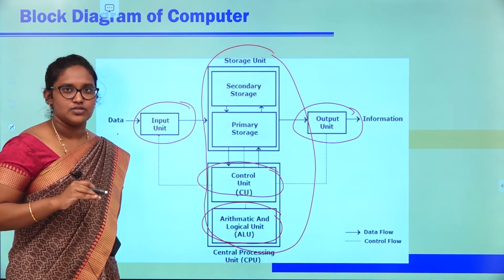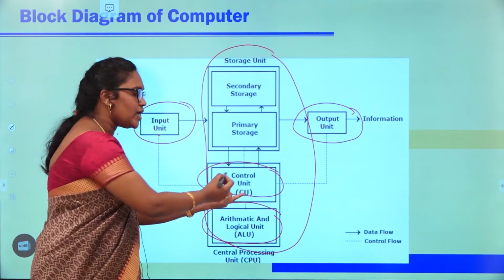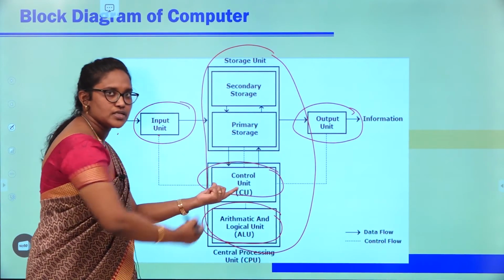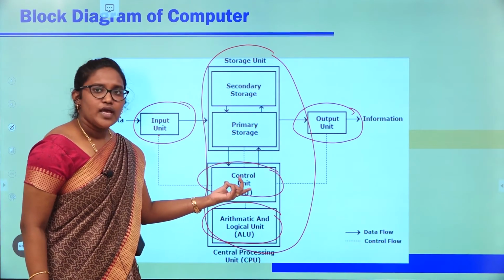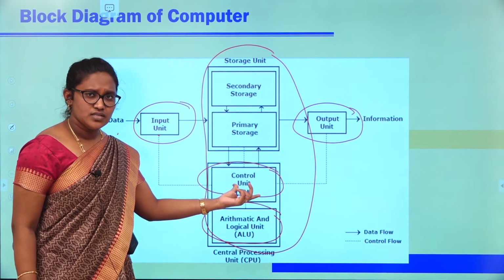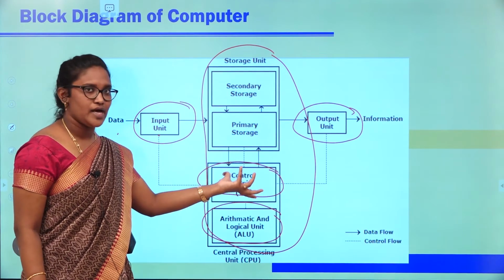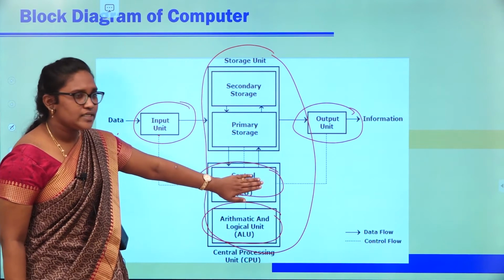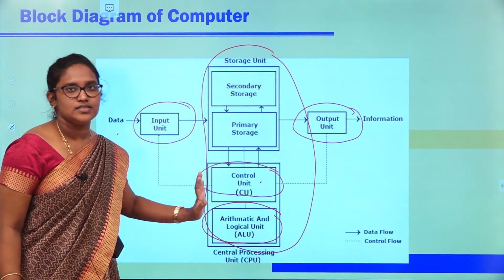Similarly, the control unit does not perform any kind of processing operation. That means it does not perform operations like addition, subtraction, multiplication or any comparison. It will only take control over all the other parts in a CPU.